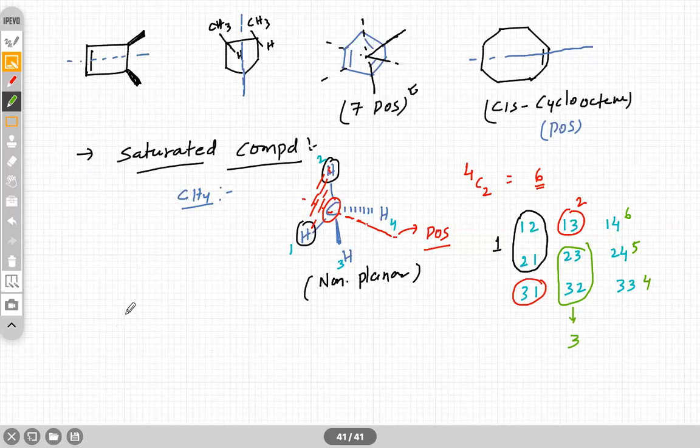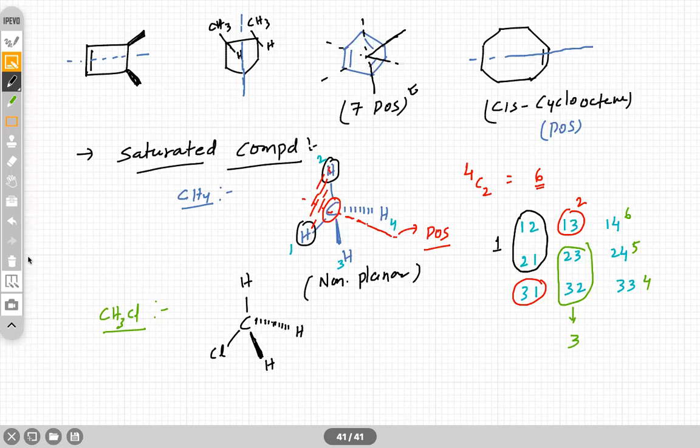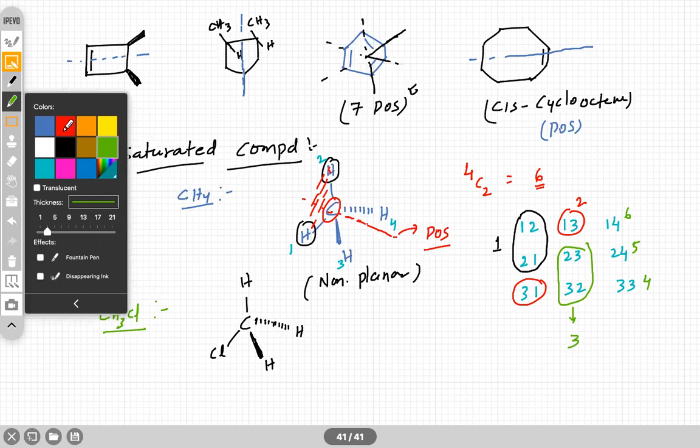Okay. Suppose you take an example of CH3Cl. So when you have CH3Cl, obviously you have to take the third atom, which is chlorine here, in this plane, right?